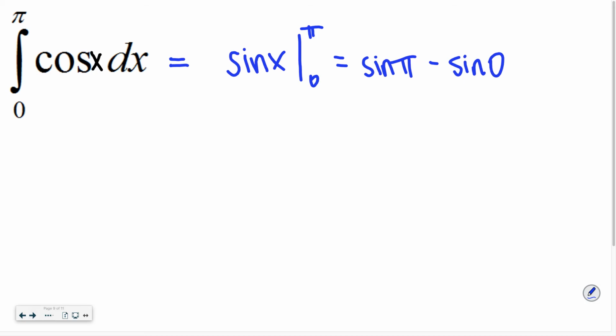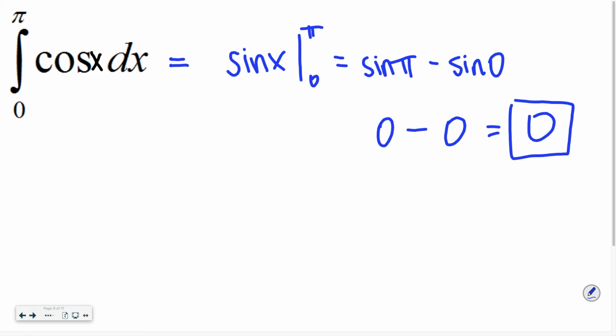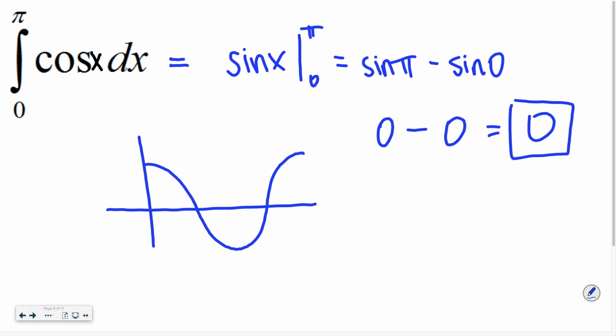What is the sine of pi? What is the sine of 0? Does that seem right? Yep.